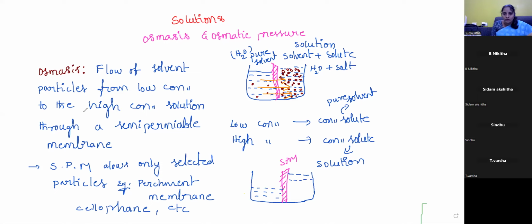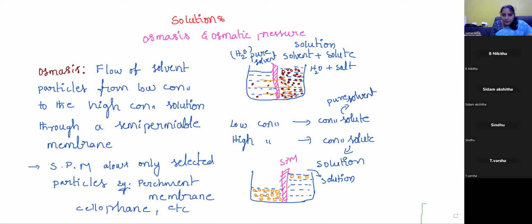This is the solution, and at this time this one is also a solution. Here, solute particles concentration would increase and solvent particles concentration would decrease.